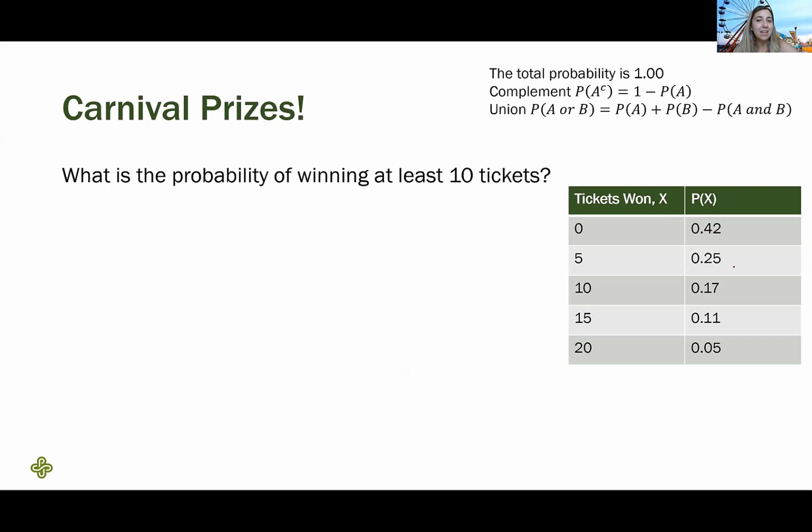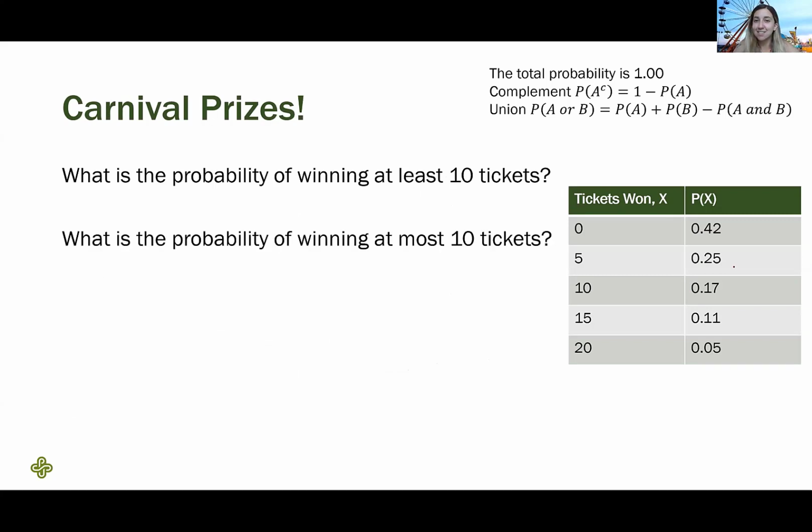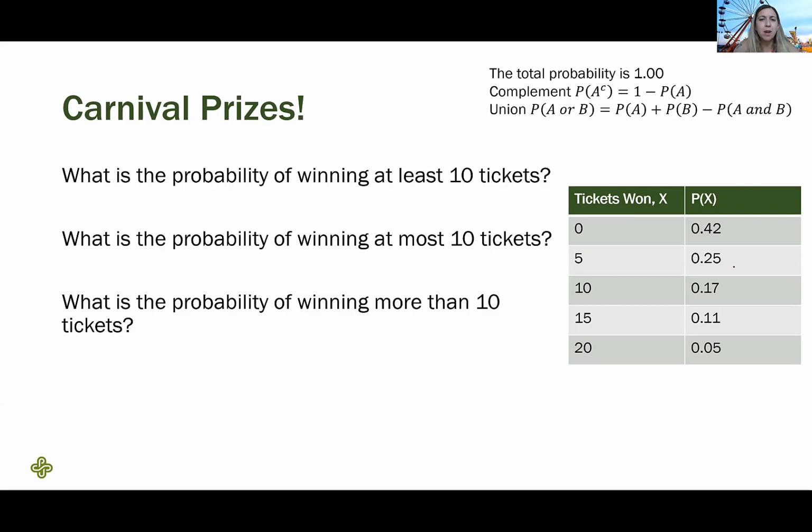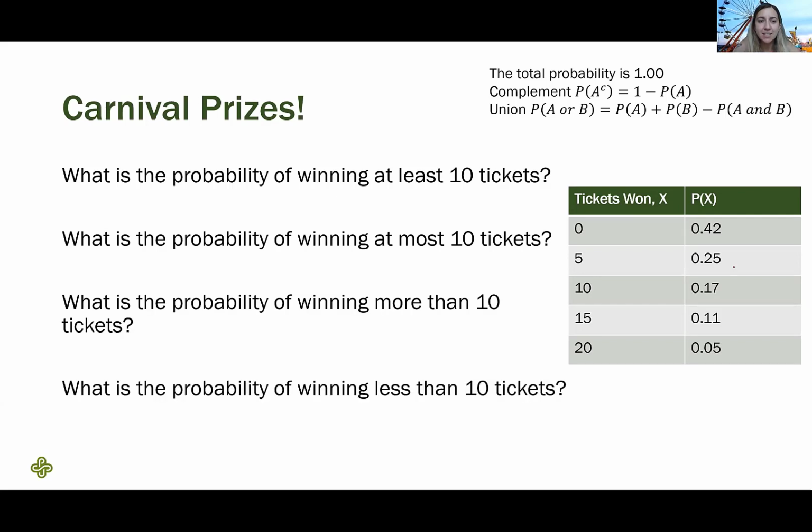What's the probability of winning at least 10 tickets? What's the probability of winning at most 10 tickets? What's the probability of winning more than 10 tickets? And what's the probability of winning less than 10 tickets? All of these questions are really similar. A reoccurring theme in probability is you have to be very detail-oriented.